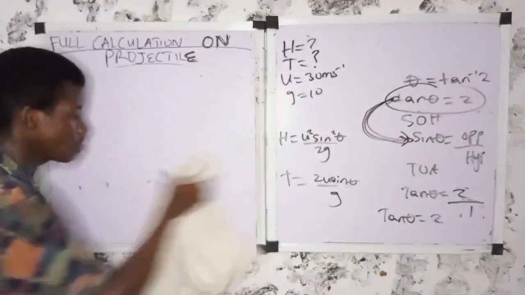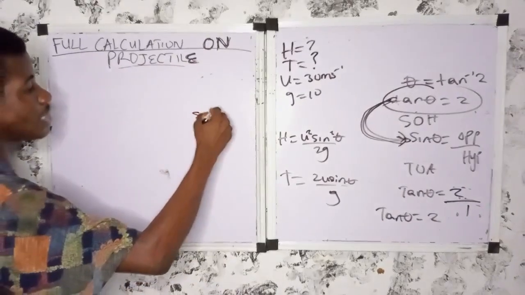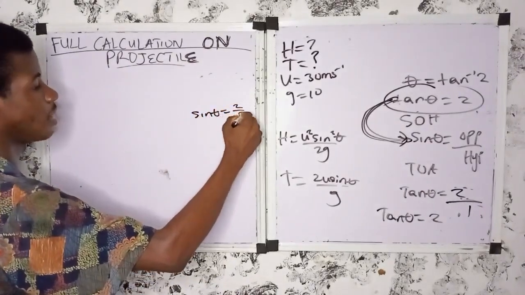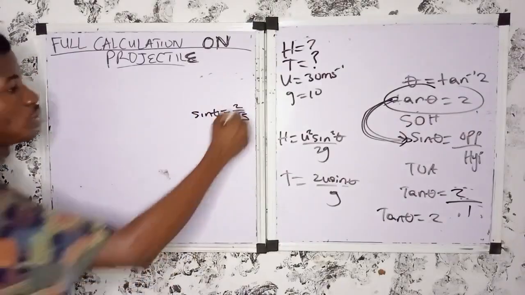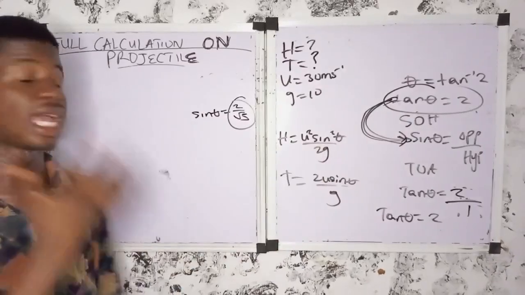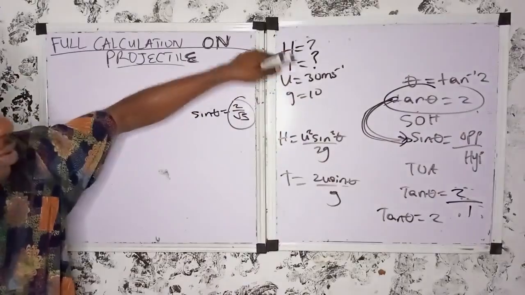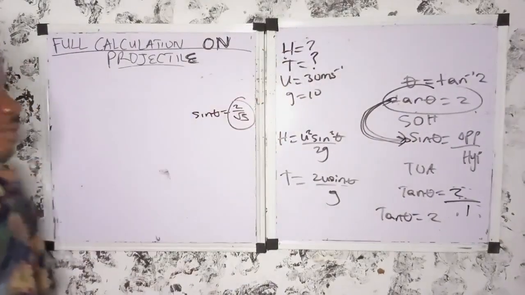Now, since we know that sin theta is equal to 2 over root 5, we have to input this value wherever we see sin theta. What are we looking for, by the way? We're looking for the maximum height, and also the total time of flight.